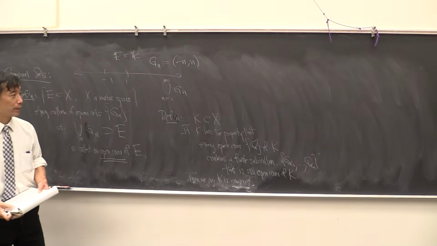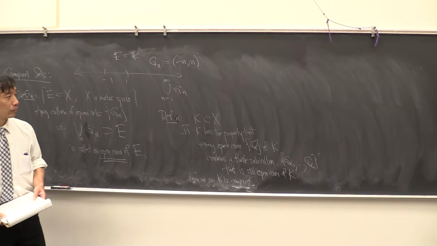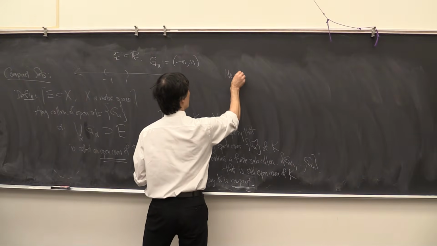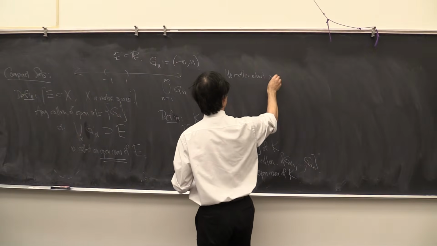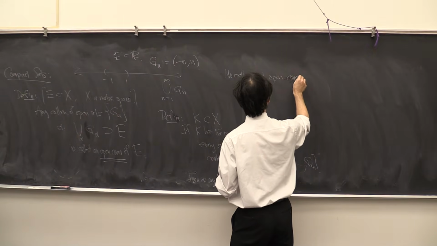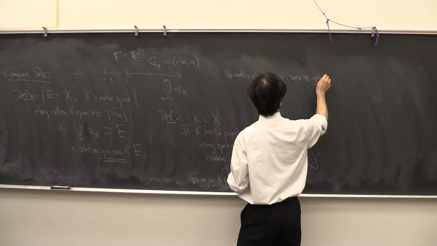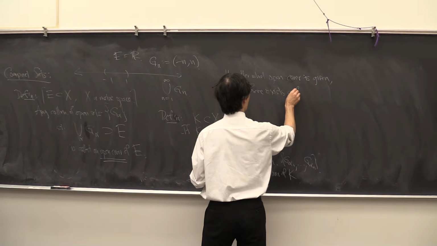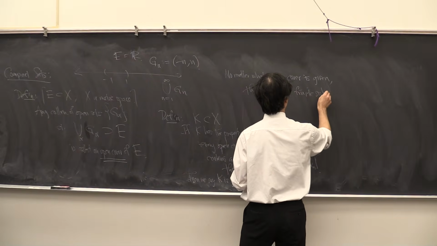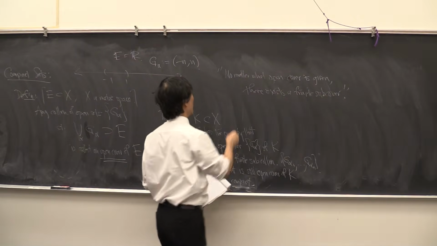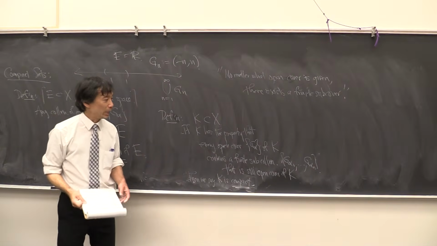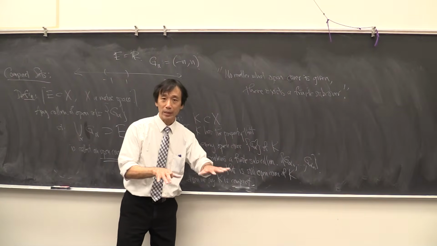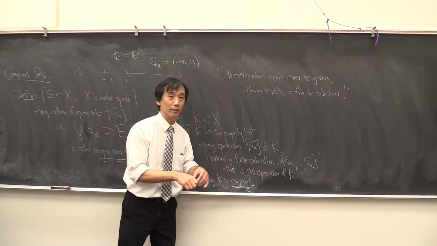So no matter what open cover is given, there exists a finite subcover. That's how people usually abbreviate it. What it means is that whatever open cover you're given, there's always some finite subcollection of that cover that will still cover your set.